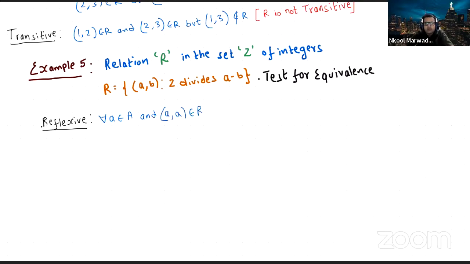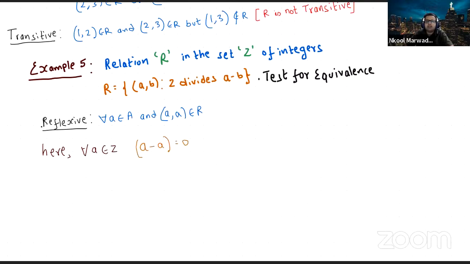Now what we have to do, we have to check whether A minus A, for all A belonging to the set of integers, that is 0.